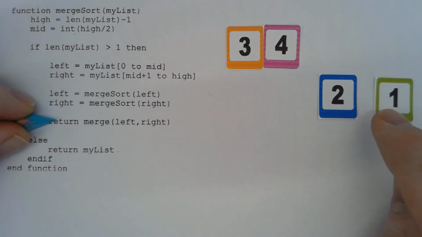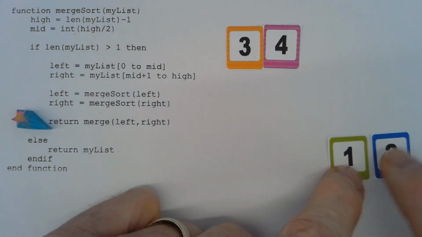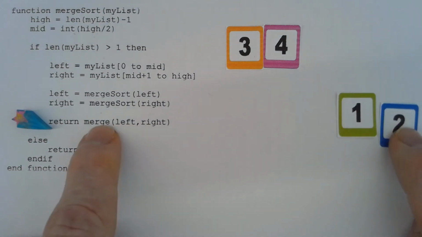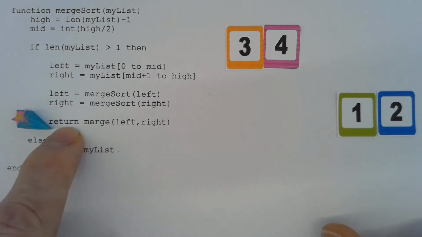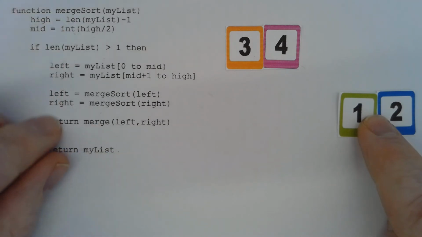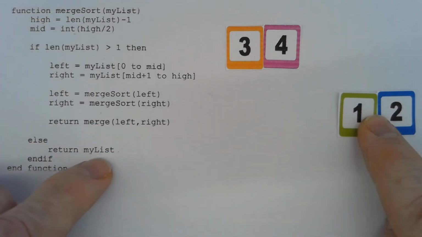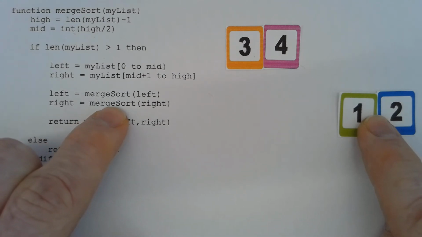These two lists are then sent off for merging, and they are merged and returned from the merge function as a sorted list, and then this then returns back to where it was called, which was merge sort right.